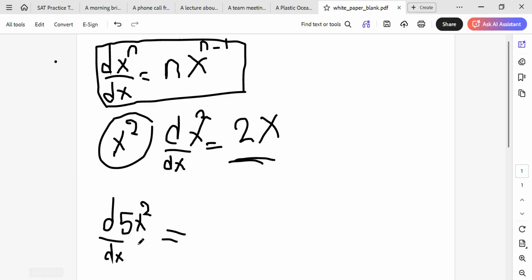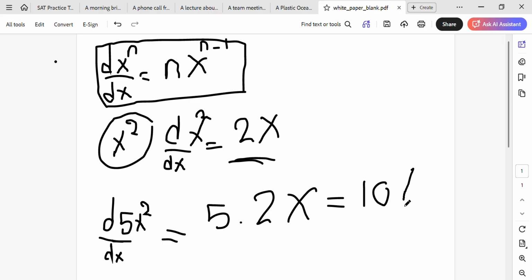So here n is 2, so it should just equal 2x. But since I have an additional number here, a whole number, we just multiply. So it will be 5 times 2 times x. So 5 times 2, that is 10. So we have 10x.